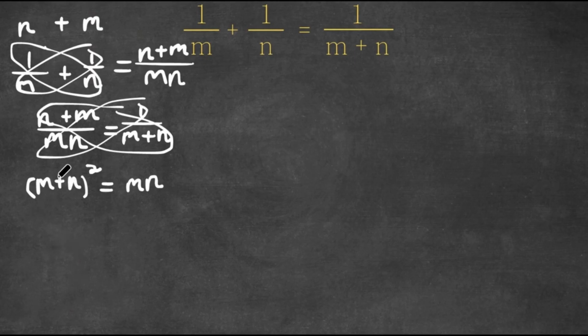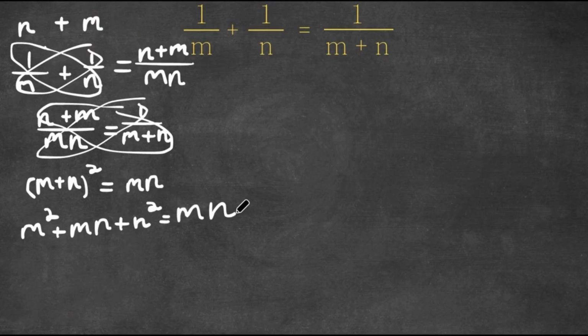Now, if we expand this, we get m squared plus mn plus n squared. And this is equal to mn. Now, this is actually 2mn.